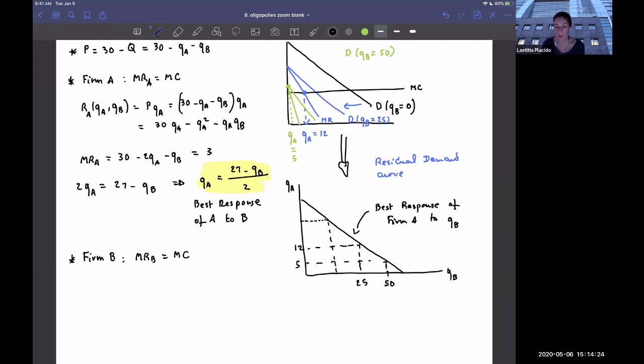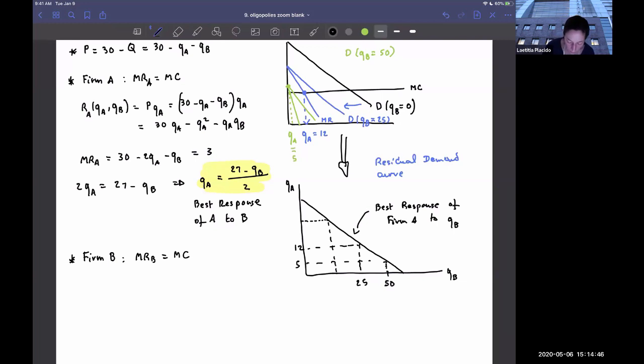So here there is a shortcut. Because when both firms have the same marginal cost, you know that both firms are going to have the same best response. You just need to substitute QA with QB and QB with QA.